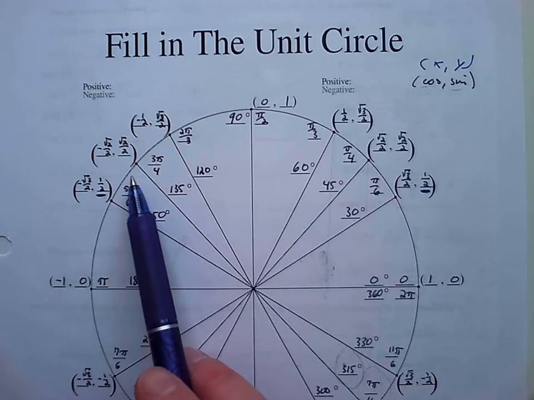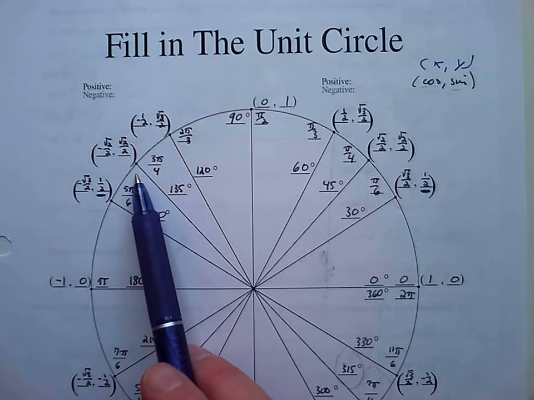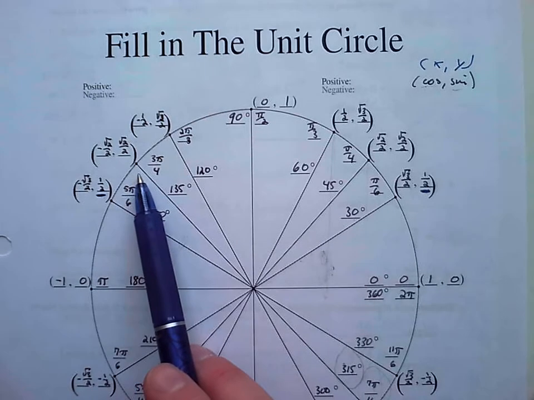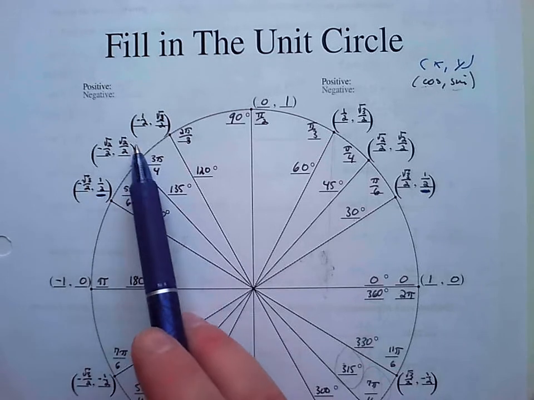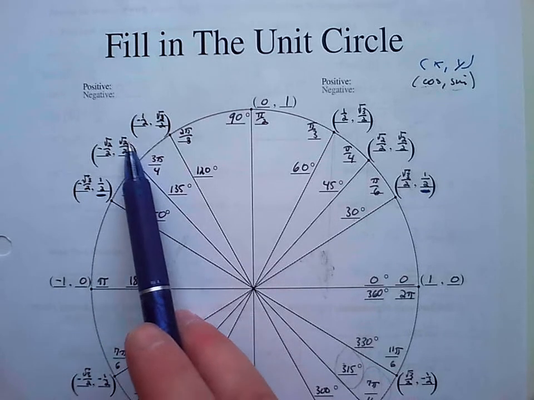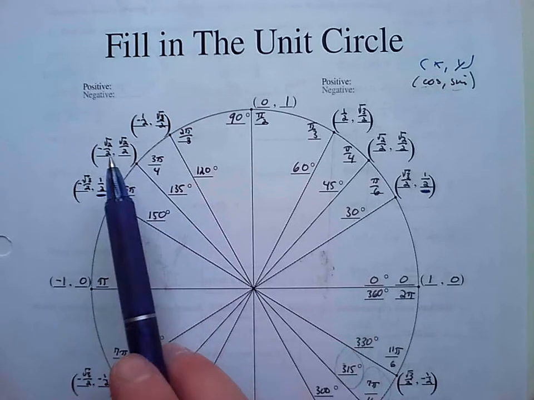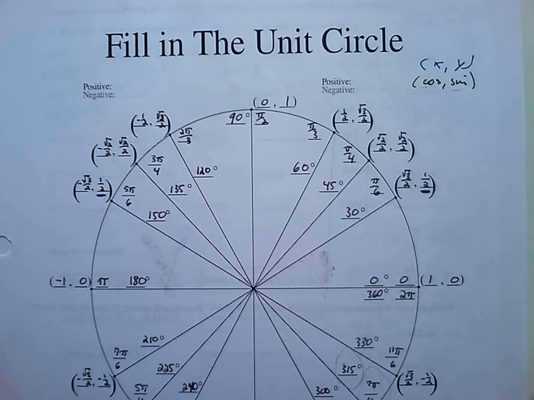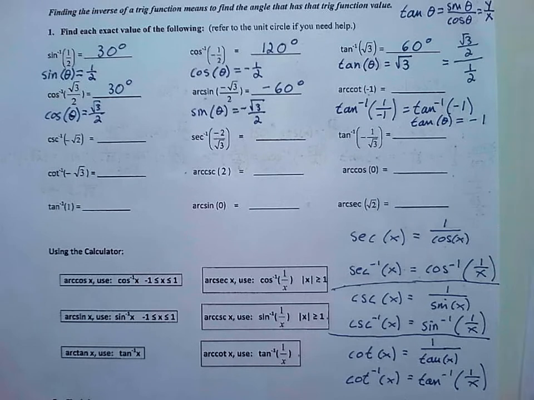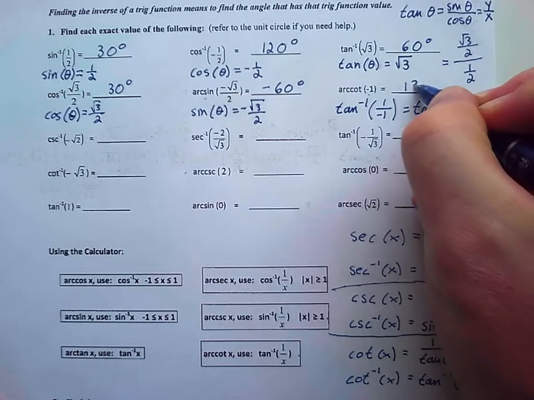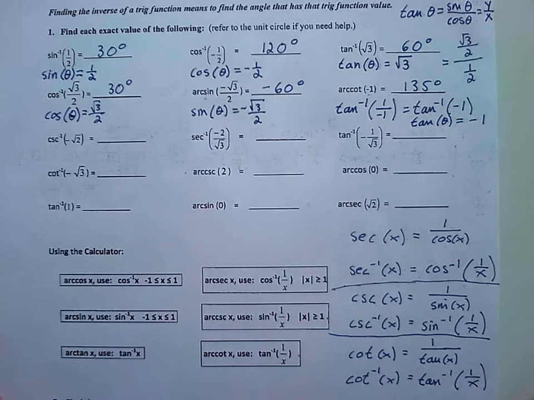So we're going to have the y value over the x value, and we want that to be equal to -1. So therefore, we're going to use this angle right here, 135, because if you divide the y value by the x value, that's going to be equal to -1.